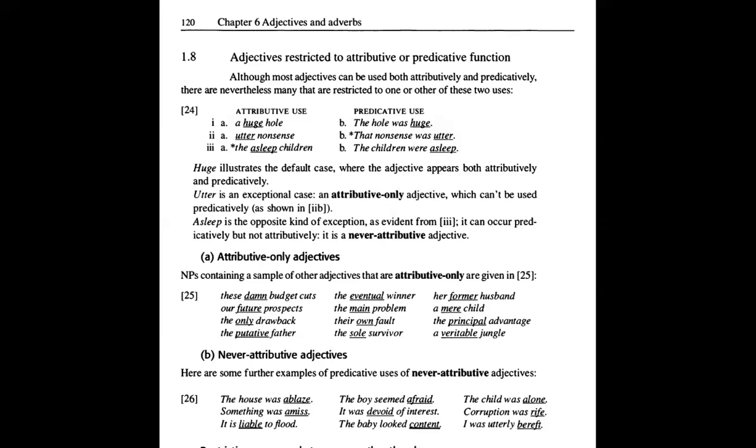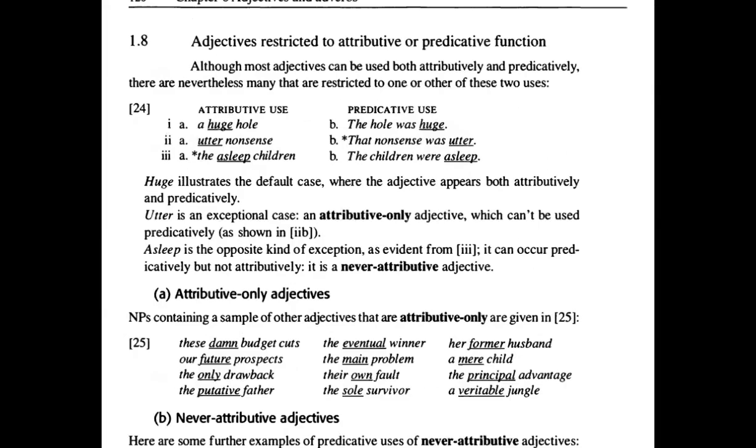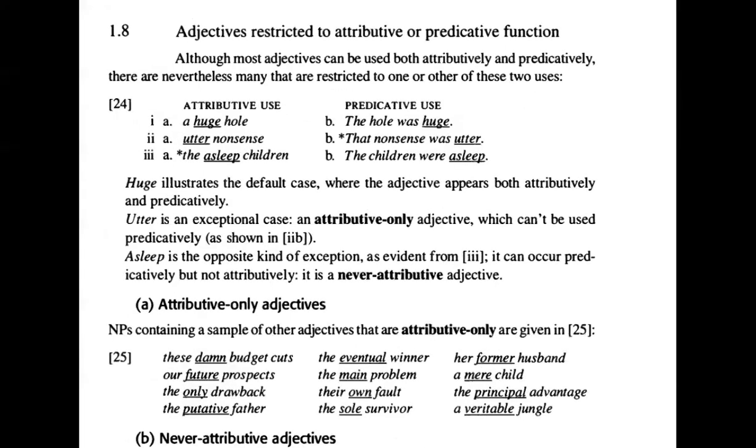Most of the adjectives can be used both attributively and predictively, like in the following examples: a huge hole. The hole was huge. In these two examples, the adjective huge is one attributive and one predictive.